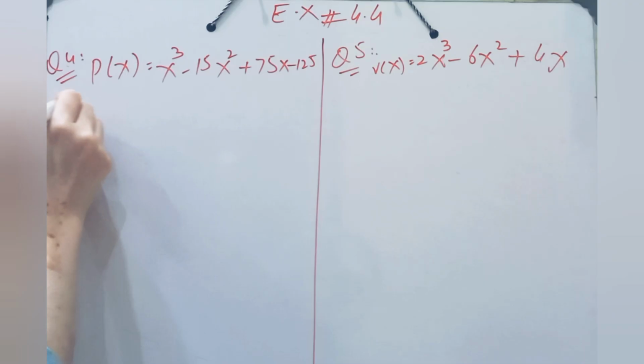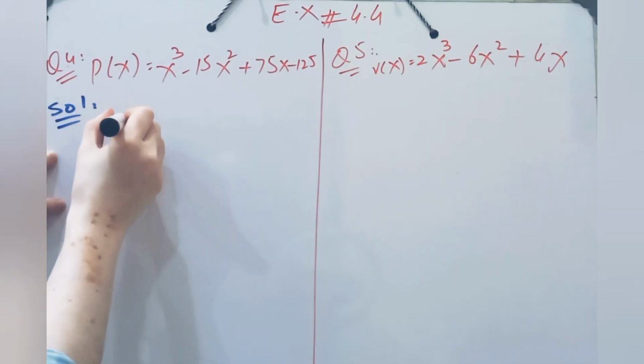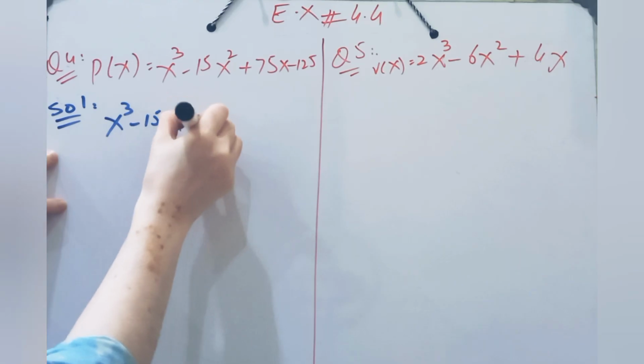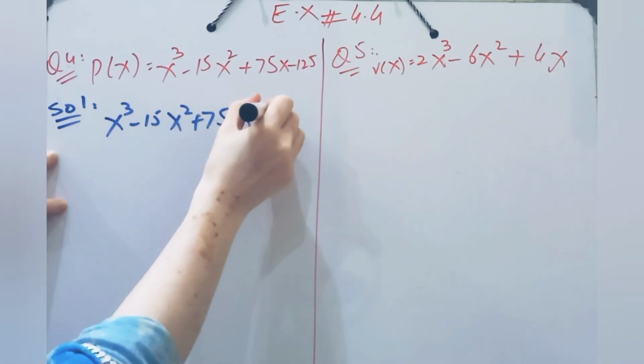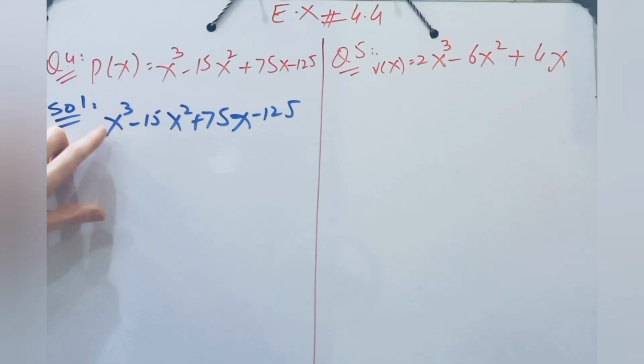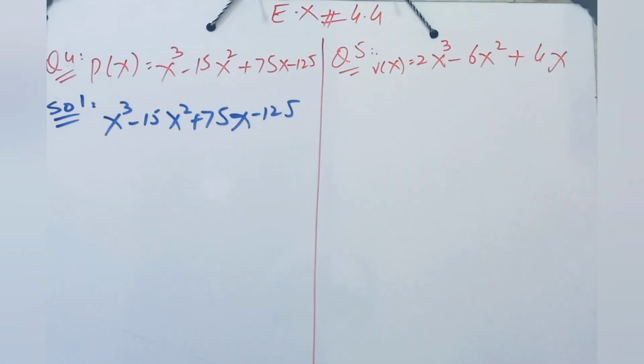So here the solution of this question is x power 3 minus 15x square plus 75x minus 125. As you see here, x power 3, and 125 is also the power of 5 cube.